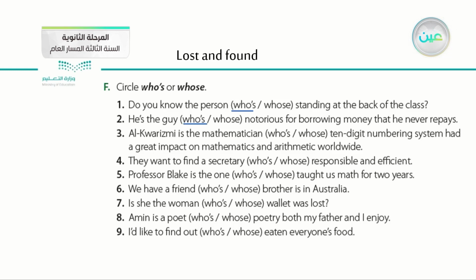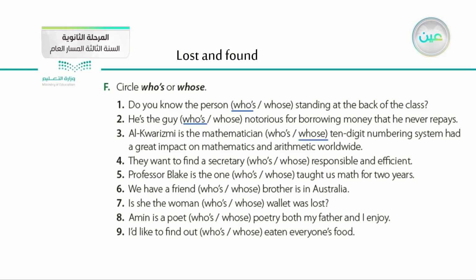He is the guy notorious for borrowing money that he never repays. So here we have this one. Al-Khwarizmi is the mathematician whose numbering system had a great impact on mathematics and arithmetic worldwide.